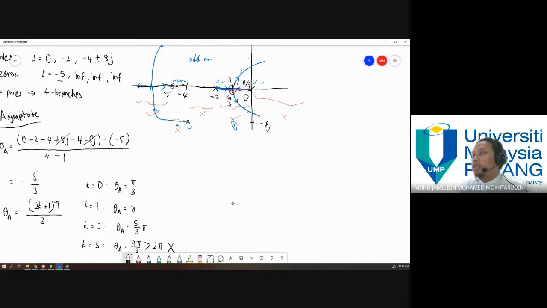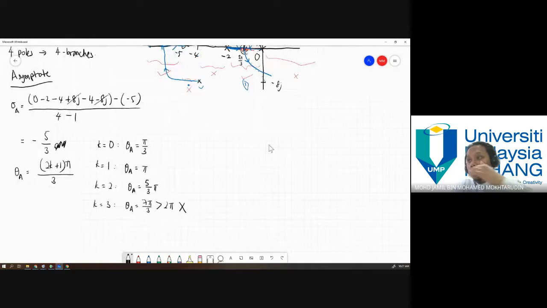Okay, but we will sketch it later. So we have an asymptote here. So the root locus, probably the breakaway point will be somewhere before this value, okay? Less than negative 1.6667. Okay, ada asymptote.